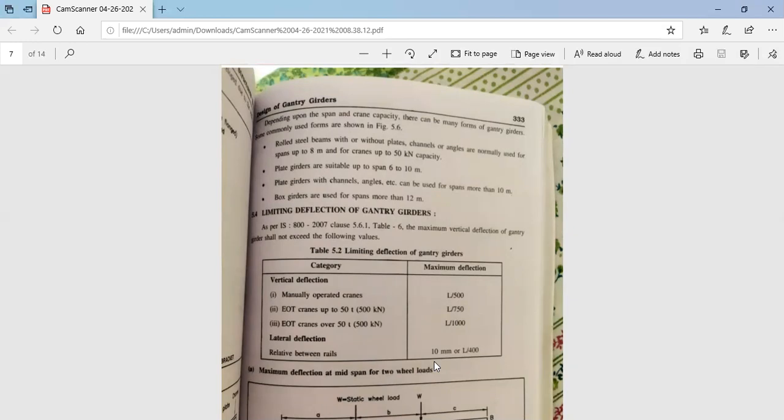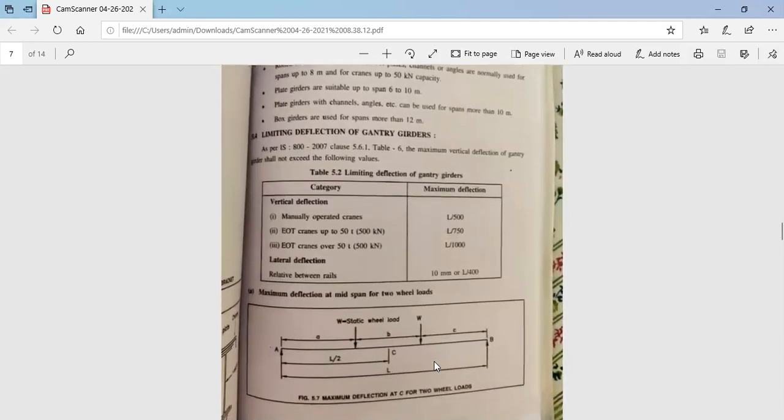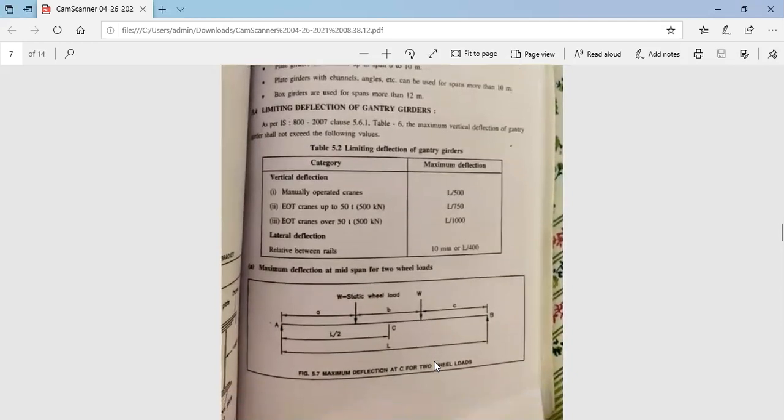Next is limiting deflection for gantry girders. As per IS 800:2007, clause number 5.6.1, table number 6, the maximum vertical deflection of gantry girders shall not exceed the following values. There are different categories, and depending on this category there is a maximum deflection. For vertical deflection, manually operated crane, maximum deflection is L by 500. For EOT cranes up to 50 ton or 500 kilonewton, maximum deflection is L by 750.